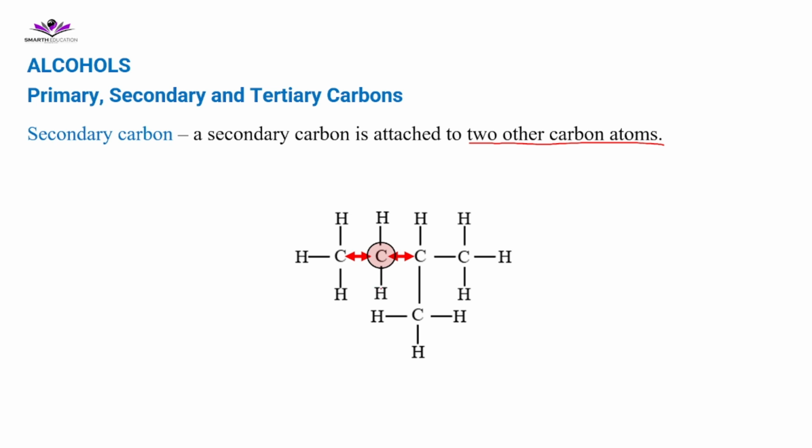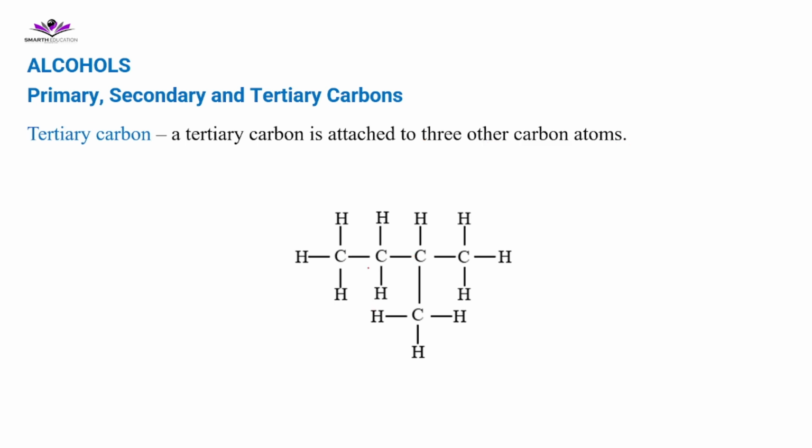So if we have a hydroxyl group attached to this carbon, then that alcohol is called a secondary alcohol. And then we have the tertiary carbon. A tertiary carbon is attached to three other carbon atoms. Like we have this carbon here. It is attached to three other carbon atoms. So this is a tertiary carbon. If we have a hydroxyl group attached to this carbon, then the alcohol is called a tertiary alcohol.